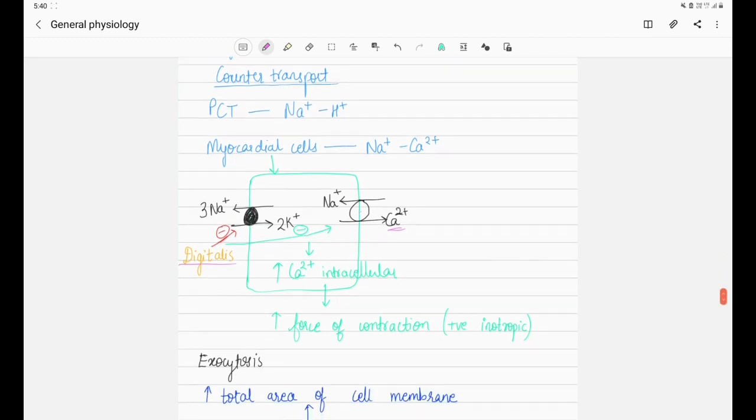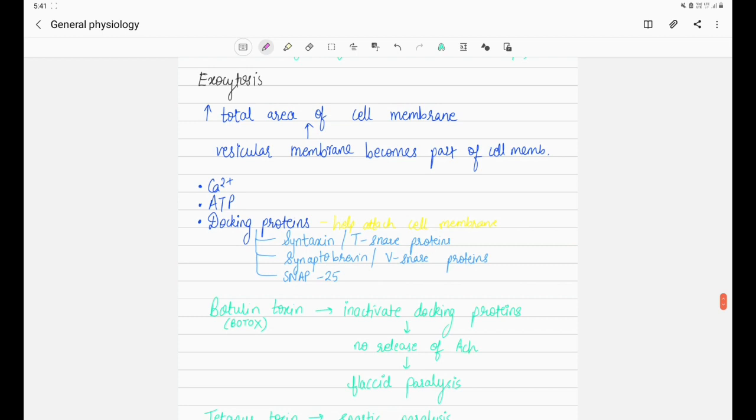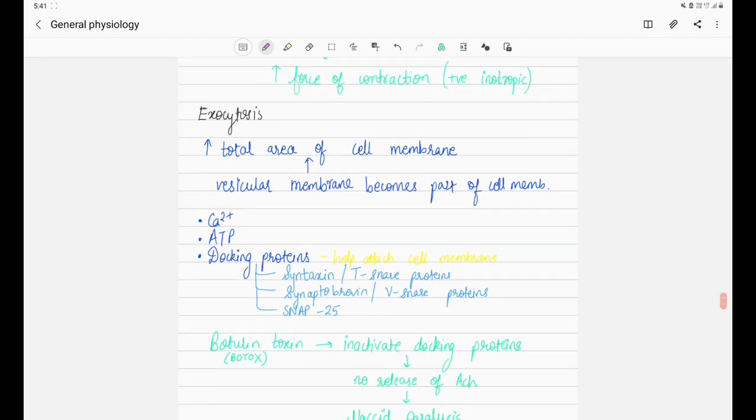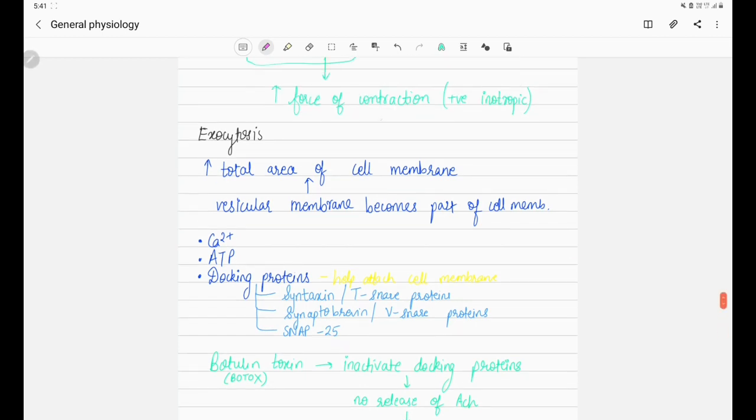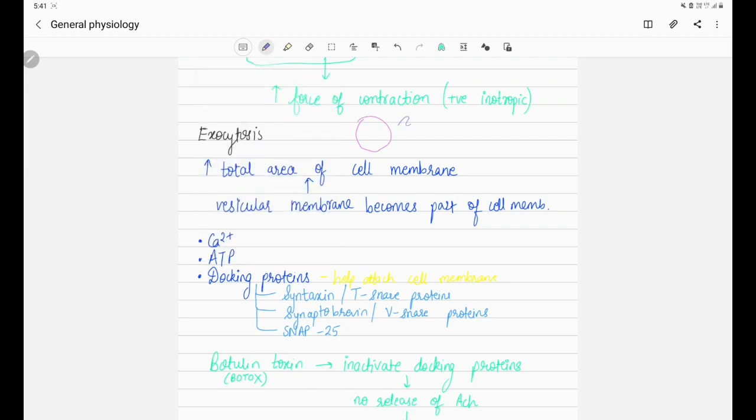Moving ahead to a completely different type of transport, that is exocytosis. What happens in exocytosis? Let's say this is your cell and there are some units like some particles. Let's say this is a body which needs to be given out, that is, exocytosed.